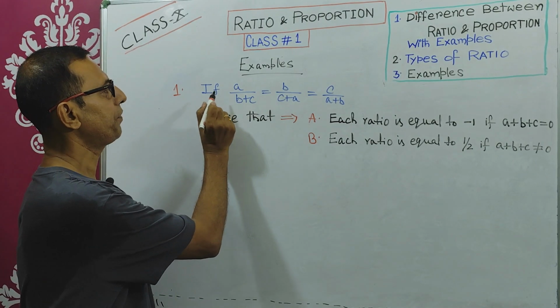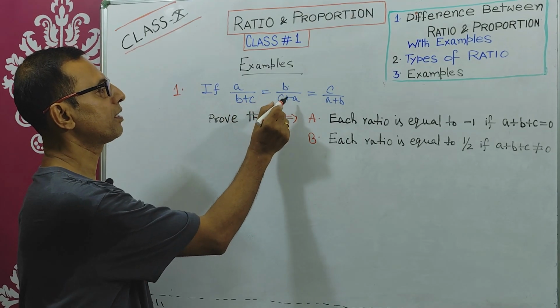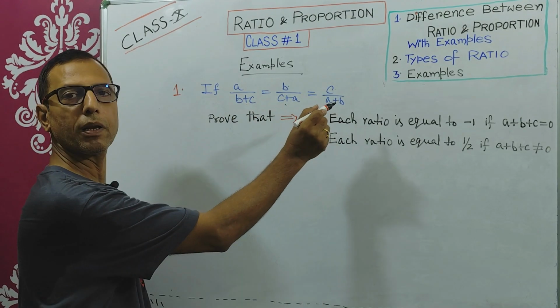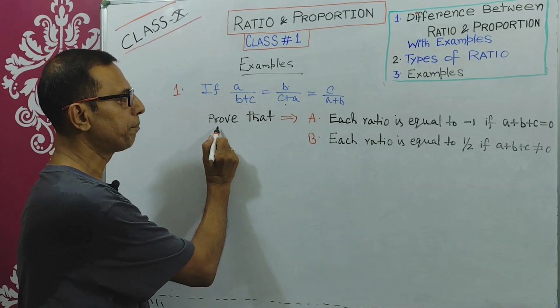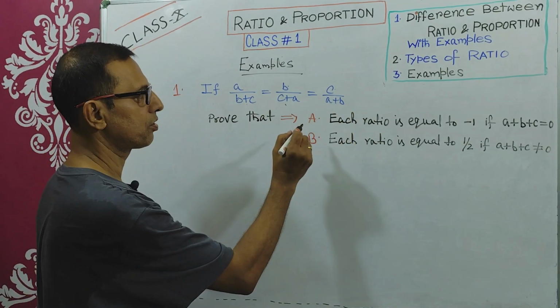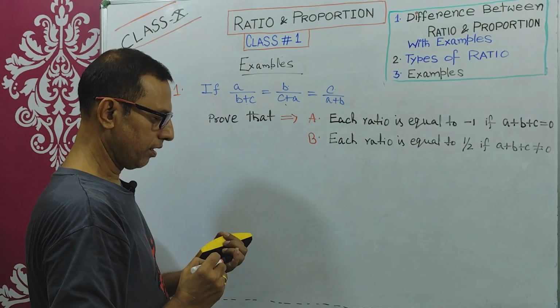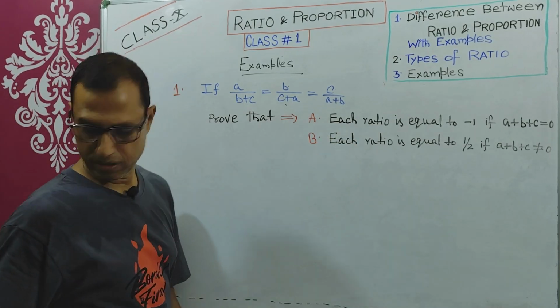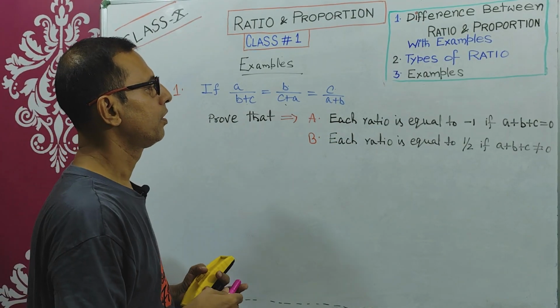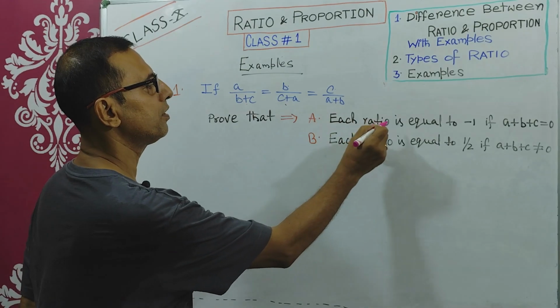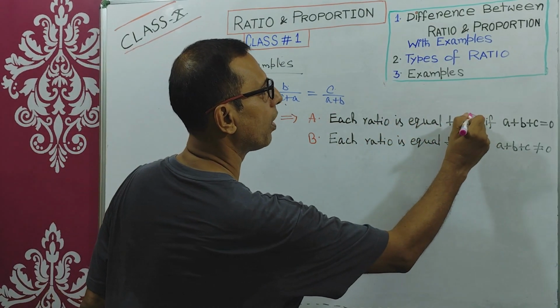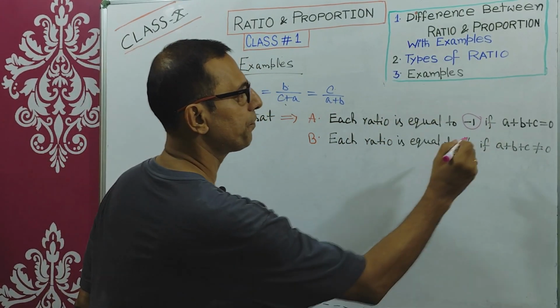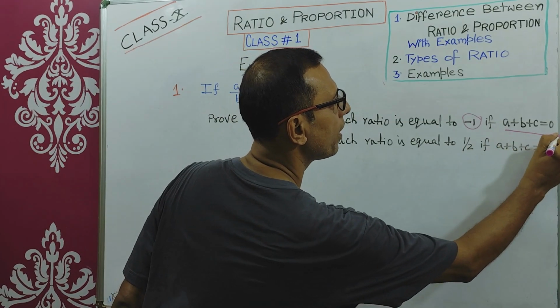See this example. If a by b plus c equals b by c plus a equals c by a plus b, then prove that, there are two questions. One is each ratio is equal to -1 if a plus b plus c equals 0.